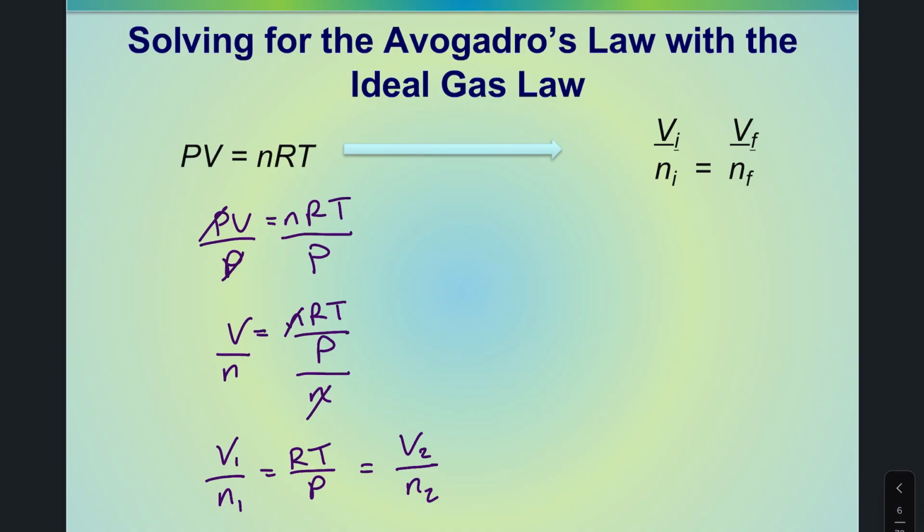And then remember, 1 equals I and 2 equals F. It doesn't really matter if you use I and F or 1 and 2, just as long as you keep it consistent. And we end up getting V1 over n1 equals V2 over n2.